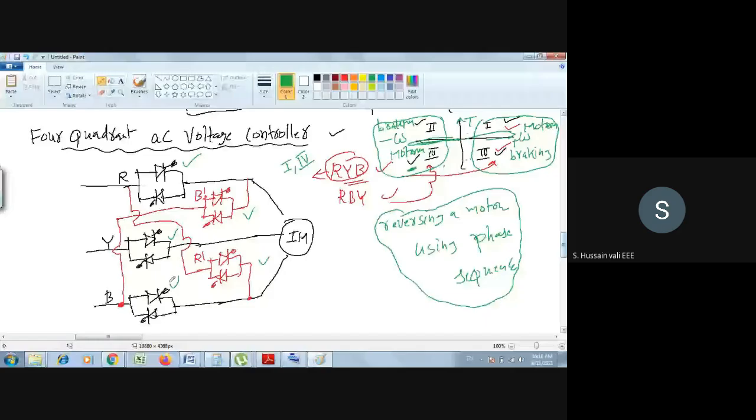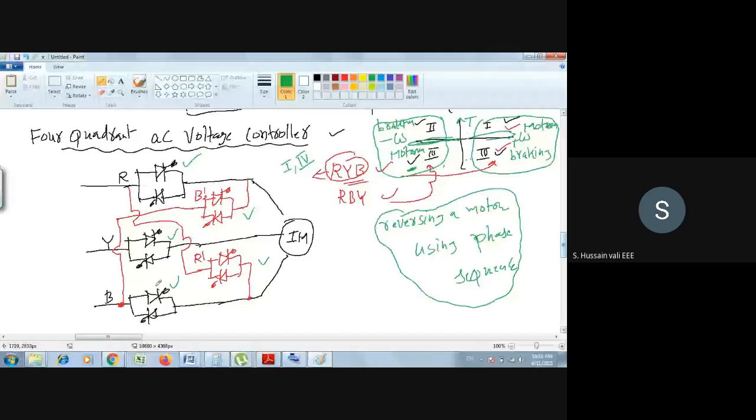You don't worry about B dash and R dash; simply you make them off. Don't give any triggering pulses to the B dash and R dash sets. You operate only these three sets which are in black color. Then you can run the induction motor in 1 and 4, that is in motoring and also in braking. You apply some brakes, then also you can do it.